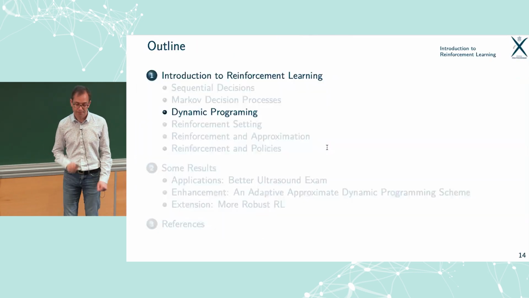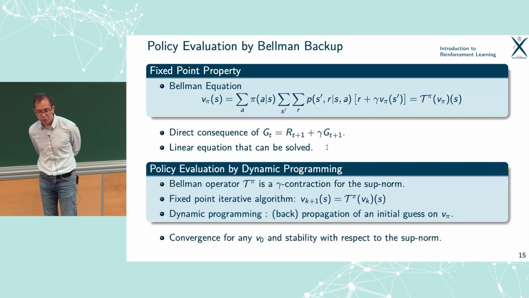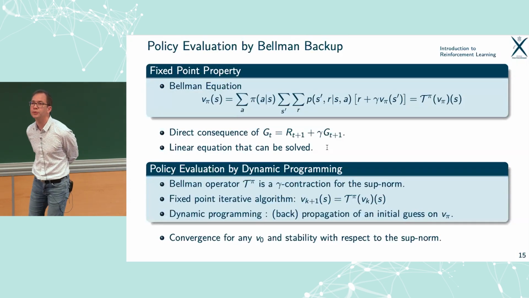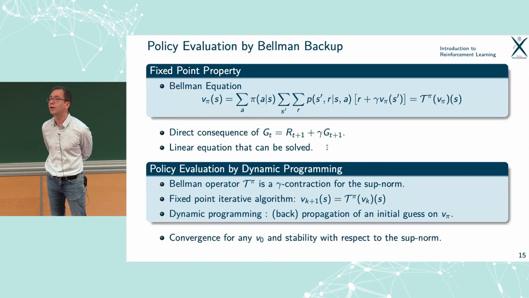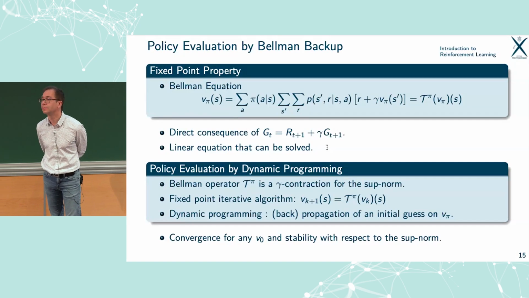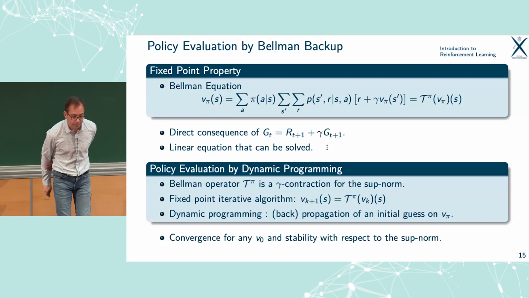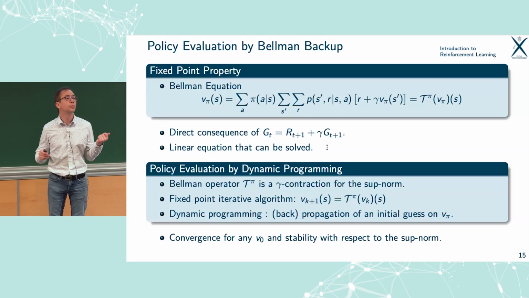So what can we do? First, we can try to solve the first problem. I know the policy, and I want to know whether I'm good or not. I need to compute this value function.